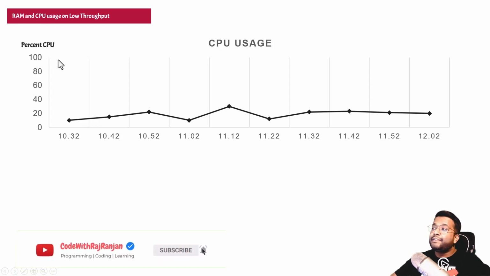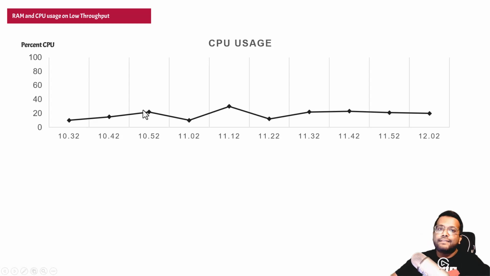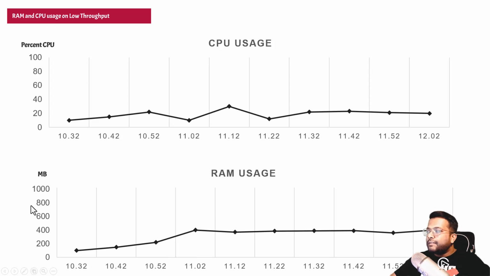We have 100% capacity, but only 20 to 25% is being used and the system is functioning very fine. It is returning the response within the time. The RAM usage is also low: since we have given 1 GB of RAM, which represents let's say 1000 MB, the RAM usage maximum goes up to 250 MB or 300 MB, which is depicted here. So this is the RAM and CPU usage on low throughput.